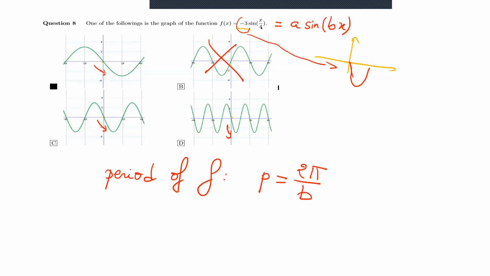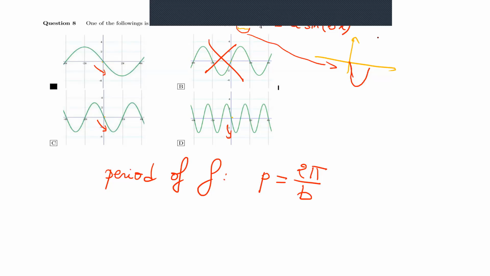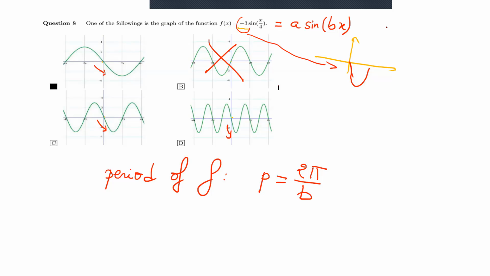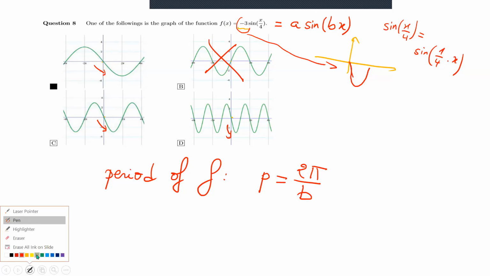What's the value of b in this example? We have sine x over 4, which can be written as sine of 1 over 4 times x. And this is b. So here b is 1 over 4.